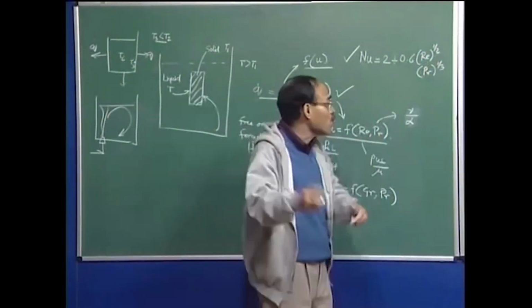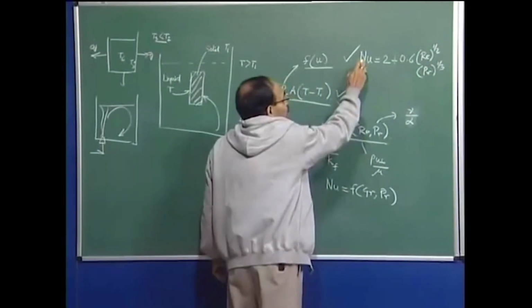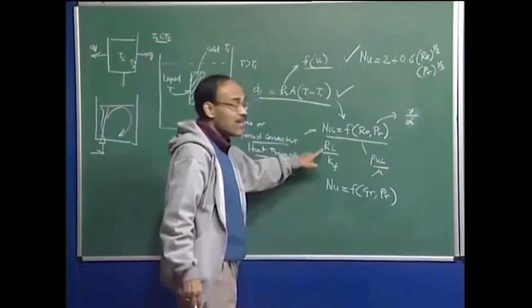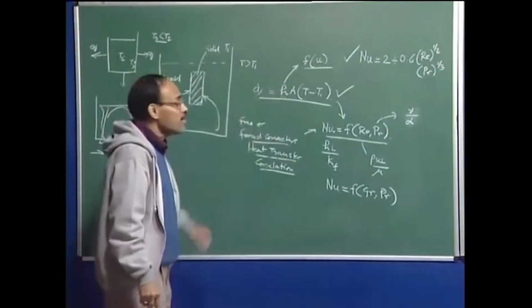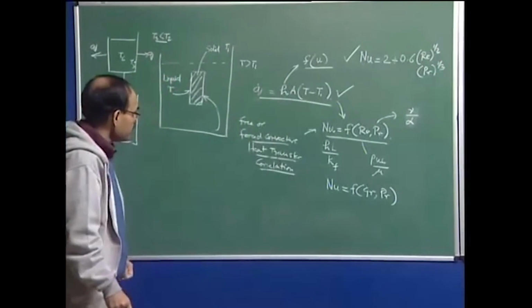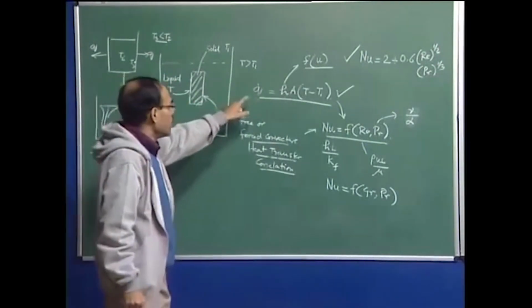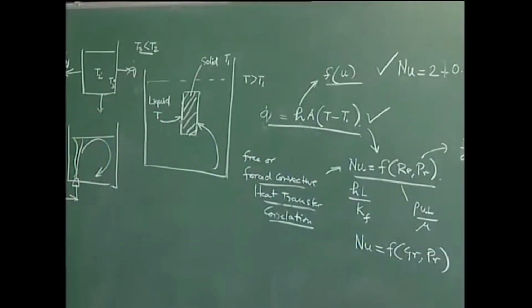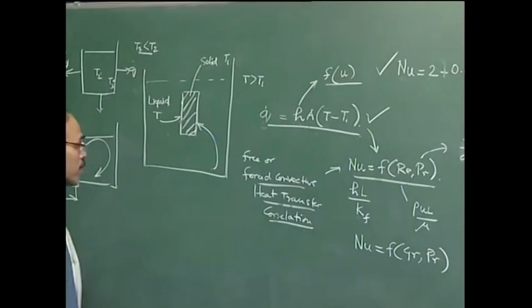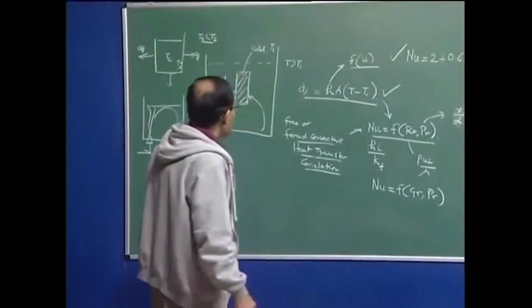Prandtl number is already known and fixed, and therefore, I can calculate Nusselt number, from which I can calculate the heat transfer coefficient, substitute it in the rate equation, and then I should be able to calculate the convective net heat flow to the solid object, or the net thermal interaction between the solid and the liquid.